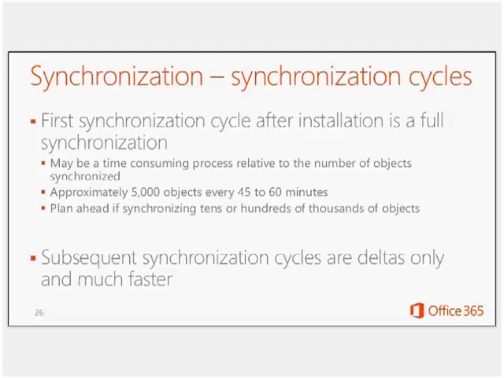If you're on a Friday night trying to do this for something you're going to work on that night or on Saturday, it's a bit of a gotcha. So make sure you're planning ahead for the amount of objects in your synchronization schedule. And once it is fully synchronized, deltas are then employed, and it's much faster.